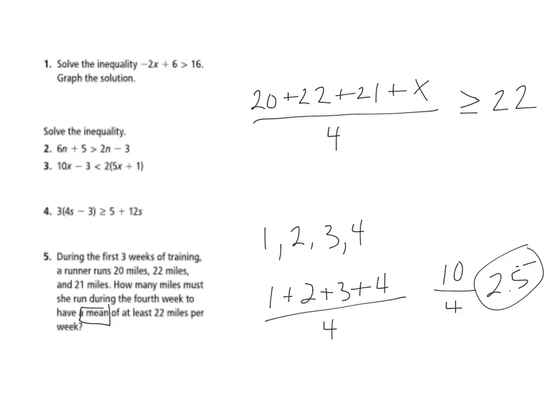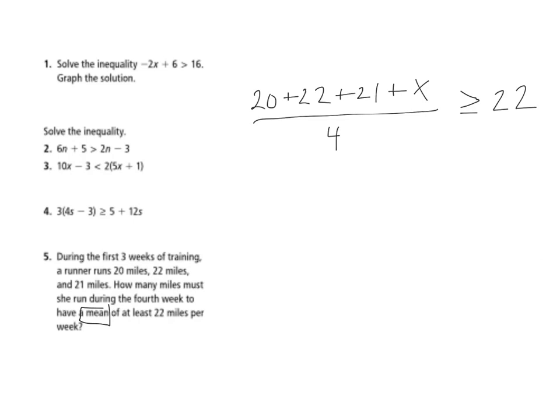And the reason why this is the greater than symbol is because it's saying it can be at least. So it means it could be more, right? So this side could be much more than 22, but at the very least 22 miles. So let's go about solving this now.